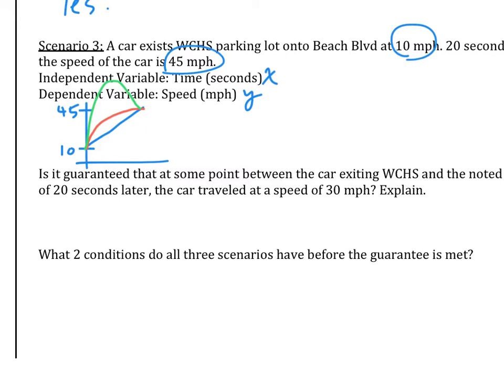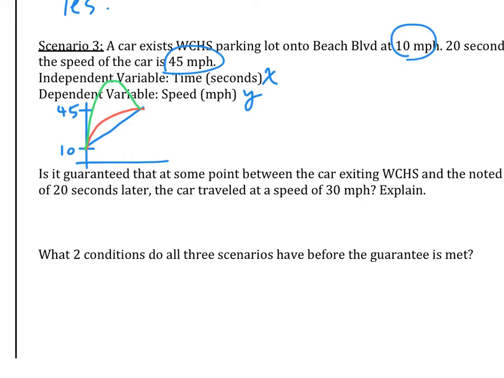And then second scenario, if this person was 3 feet 8 inches at age 5, 5 feet 2 inches at age 10, we can guarantee that this person sometime in his life was 4 feet 5 inches. Why is that? What is some condition that it has to meet before we can say that?